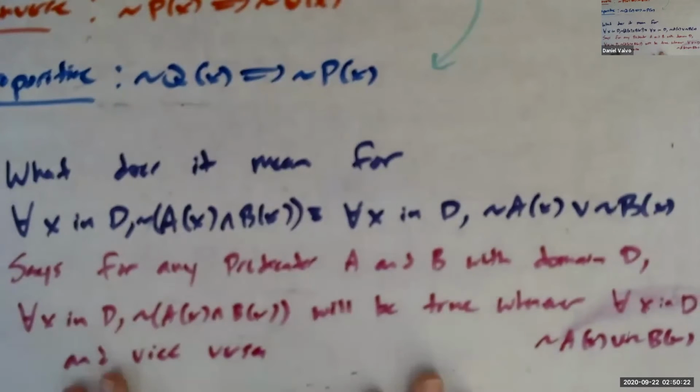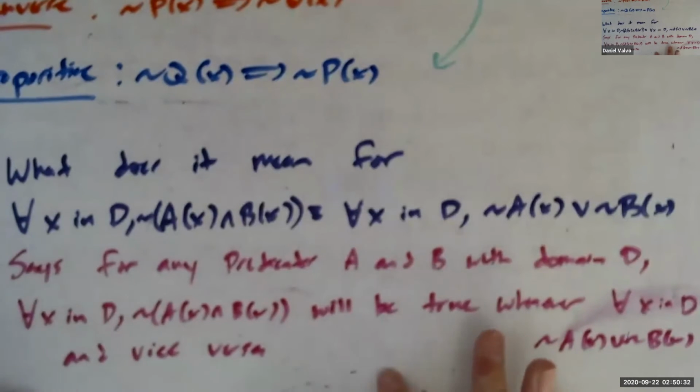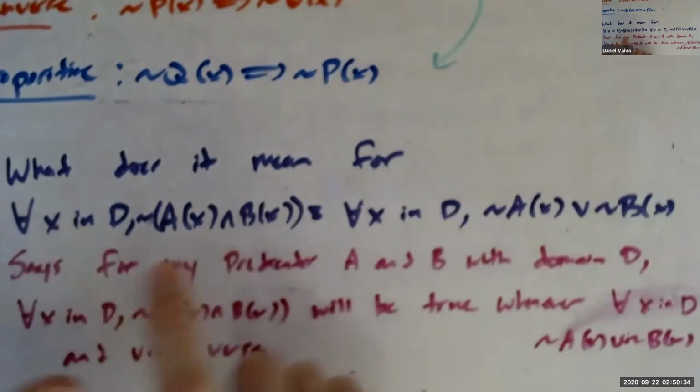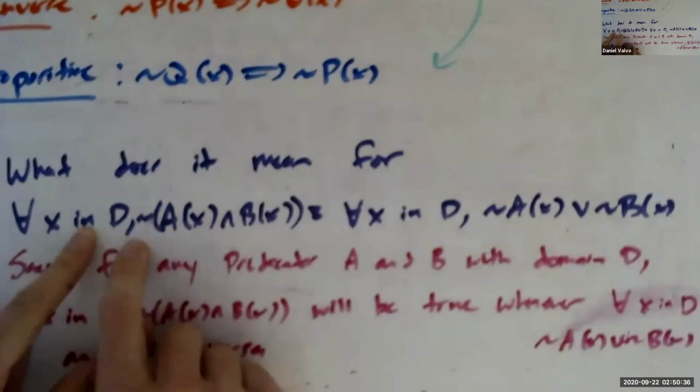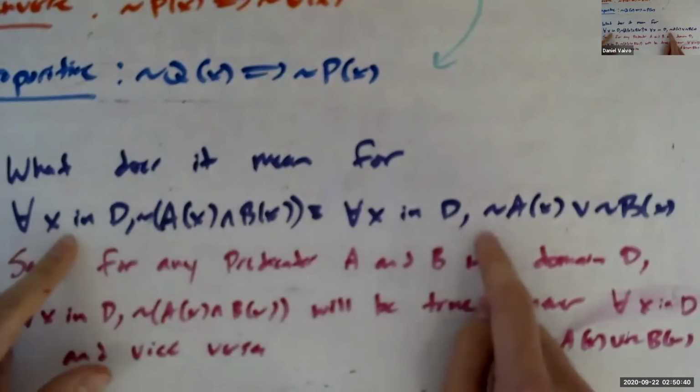The point I'm trying to bring up here is that if we're saying that two expressions are equivalent, we're just saying that for any possible P and Q, both sides are going to have the same truth value. For any possible predicates and any possible domains, these statements will evaluate to the same thing. That's what it means for them to be equivalent.